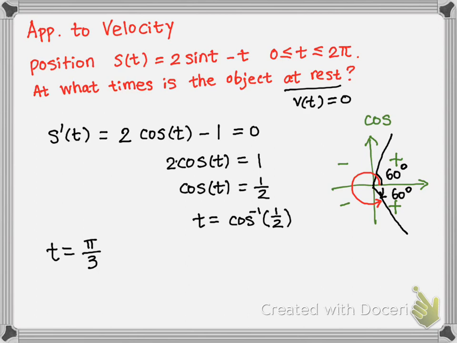And that is 5 pi over 3. So there's another answer or another root that is 5 pi over 3. So at both of these 2 times, the object is at rest. The velocity is 0.